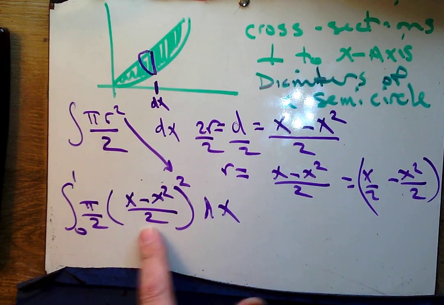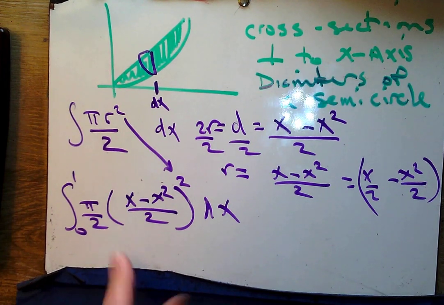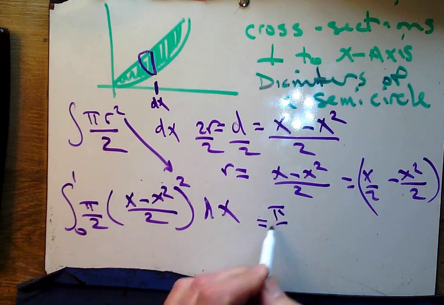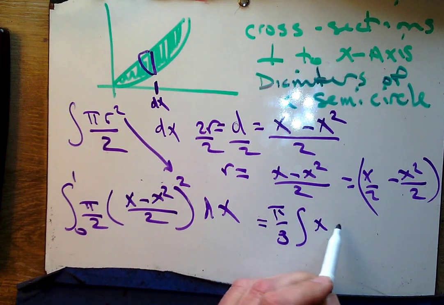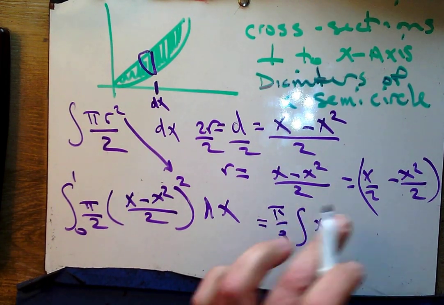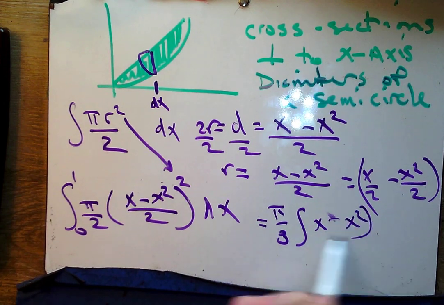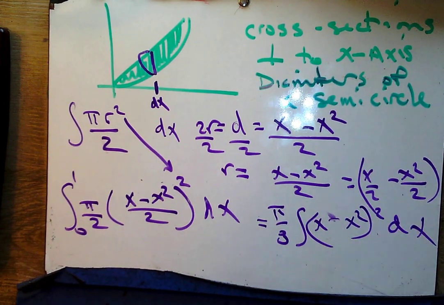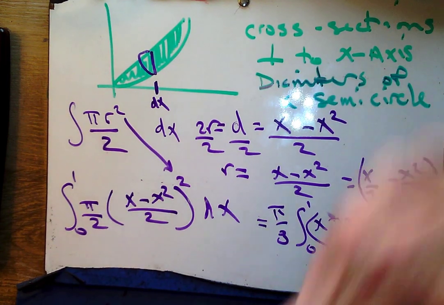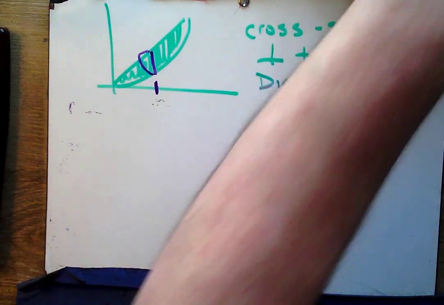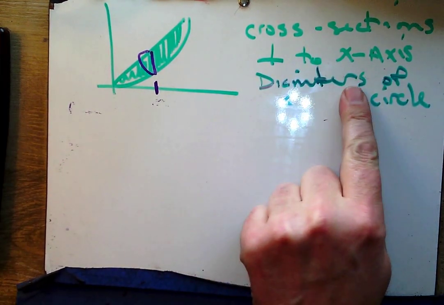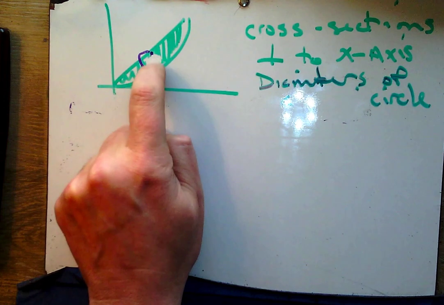So this is going to be 4 times 2, which is 8. And I can bring that pi over 8 constant out. X minus x squared, squared dx. Okay, and we're going from 0 to 1. Fabulous.